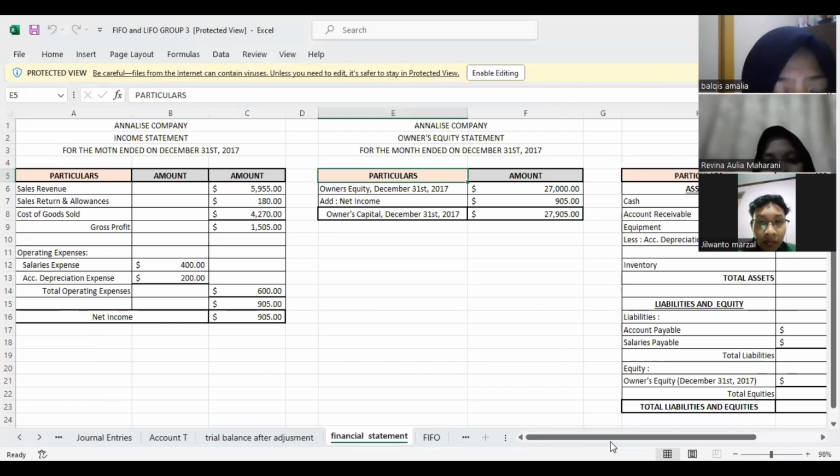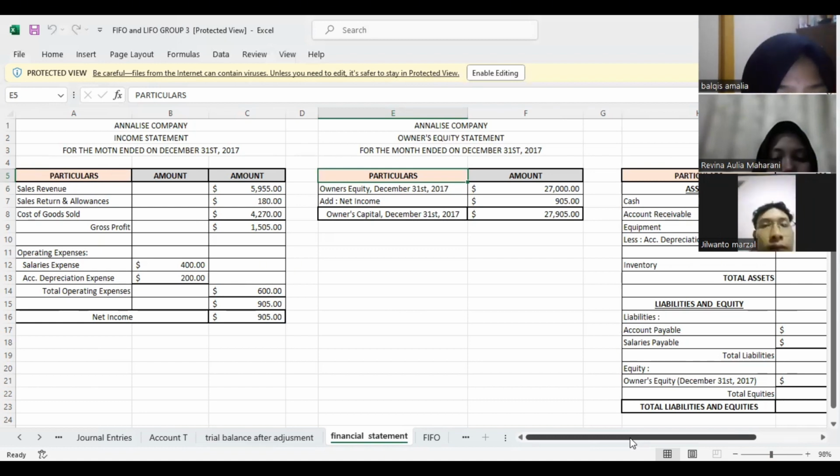The result will be gross profit. It's $1,505. And after that, we move on to the operating expenses. We have two operating expenses. First one is salaries expense, about $400, and the accumulated depreciation expense, $200.